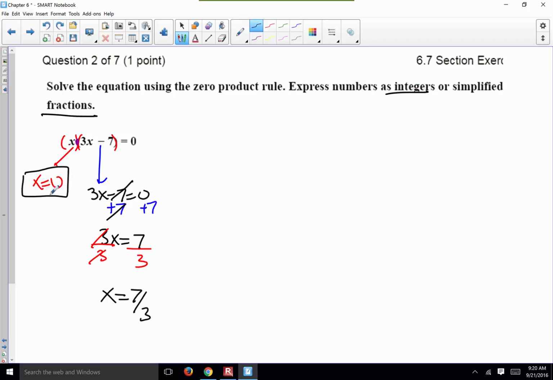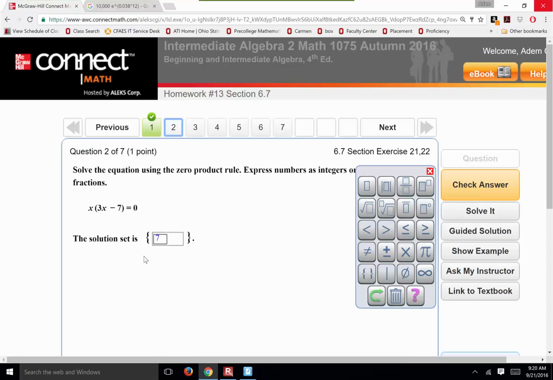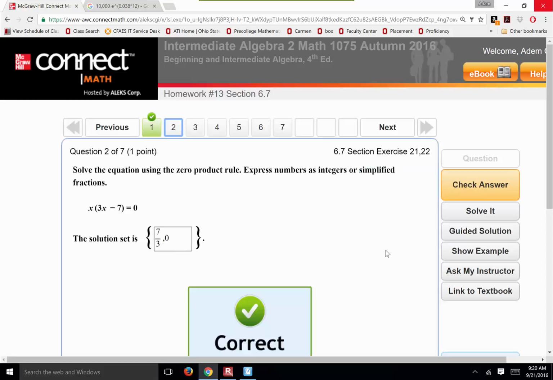This is an integer, whole number. Don't change into decimal or Connect Math won't like it, okay? 7/3 and 0. You can put them in any order. If you wish, you can put 7/3 first, comma, and 0 next. Okay?